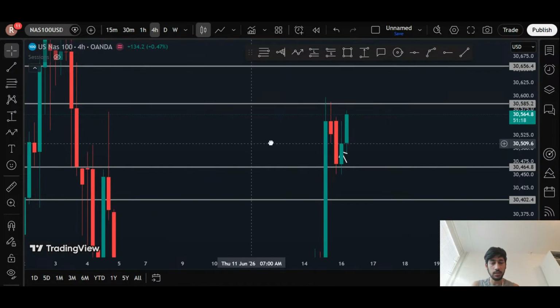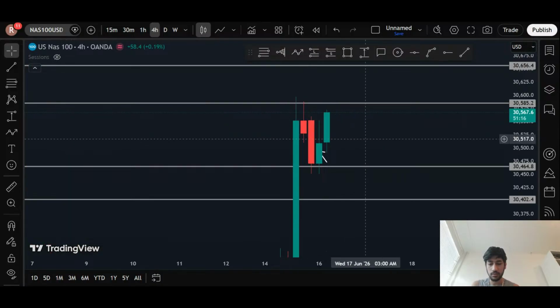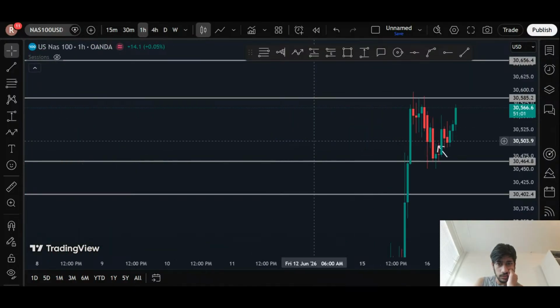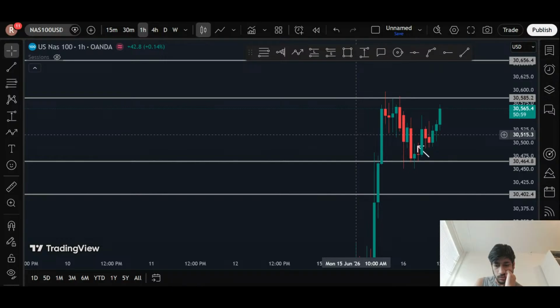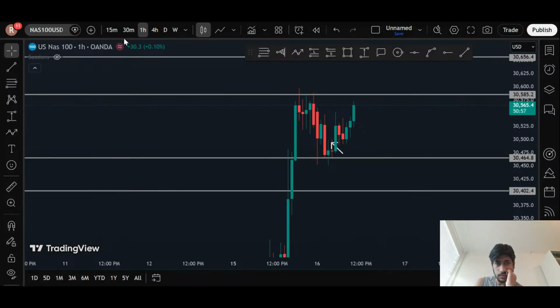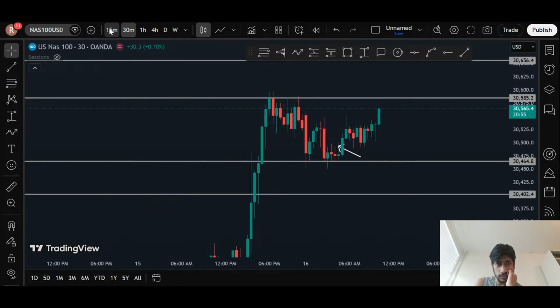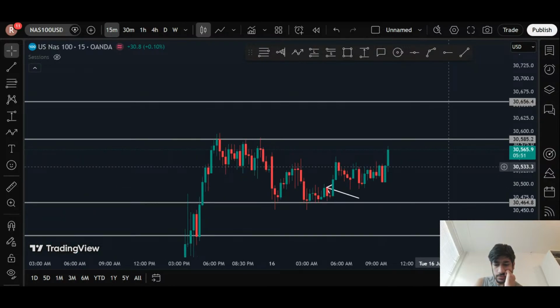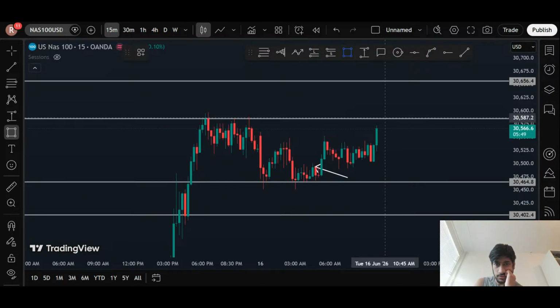Let's see on US. Nas 4 hour we are moving up. 1 hour moving up, but approaching some sort of resistance. 30 minute, yeah. Bias would be sells if we form some sort of resistance over here.